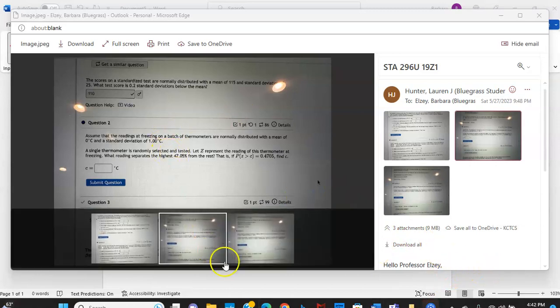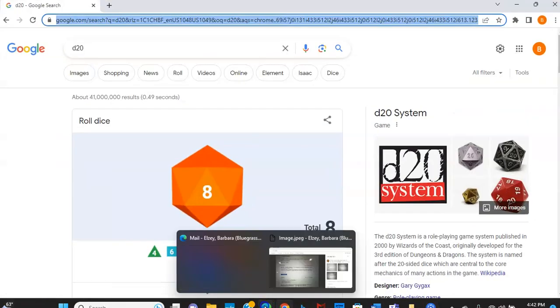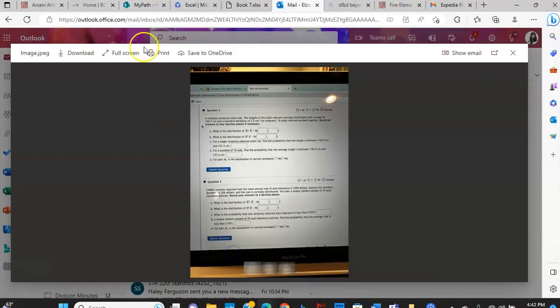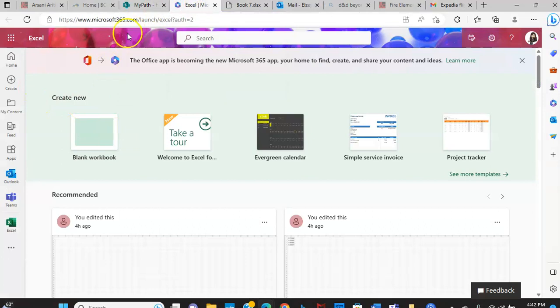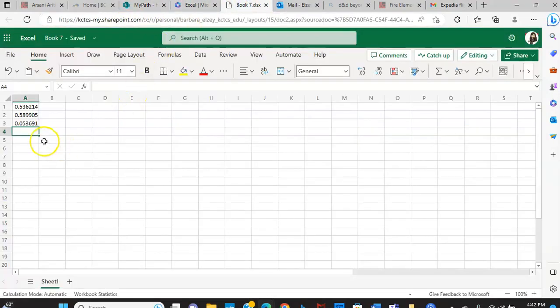I'll go to Excel if I can find it again. One minus 0.4705. And then we are now going to do a slightly different command because we're going backwards from the process that we did up here. Up here, we found the z-score and we were trying to find the probability.